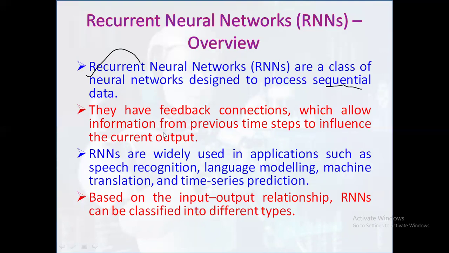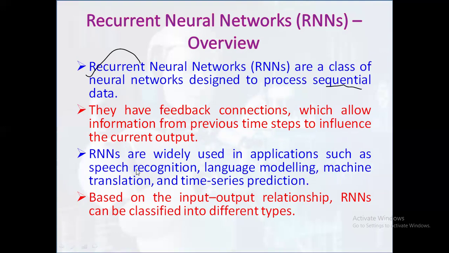Unlike traditional neural networks, the RNN can process sequential data such as text, speech, or time series data by considering the temporal relationship between the elements. RNNs have feedback connections which allow information from previous time steps to influence the current output.